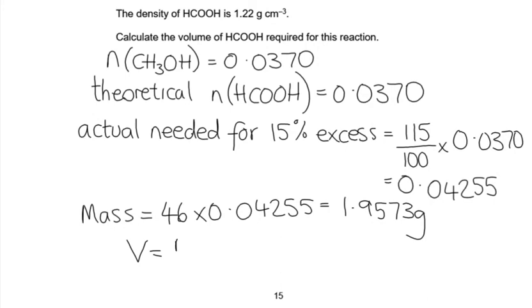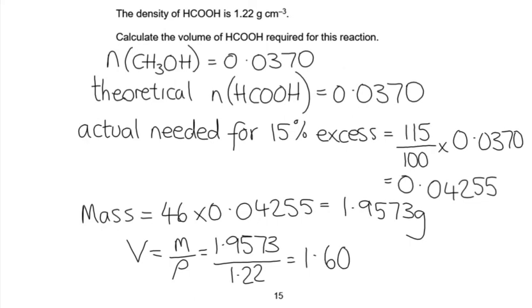We're going to do mass over density. You can always go back and look at density calculations if you need to practice this. So 1.9573 divided by 1.22, and you get 1.6 centimetres cubed is going to provide us more than enough. So this is quite important for a chemist to be able to work out how much we need and what will be enough.